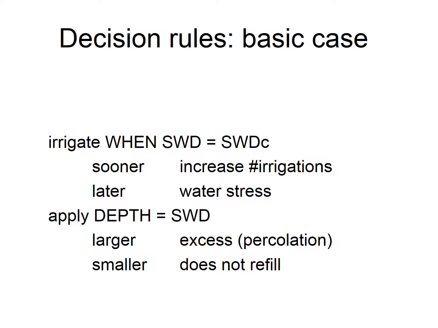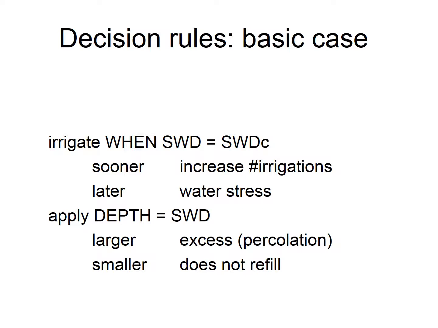If we irrigate sooner than that, we will increase the number of irrigations, and if we irrigate later than that, we will incur water stress. Increasing the number of irrigations might imply a higher cost for irrigating, but that depends on the irrigation system that we have.